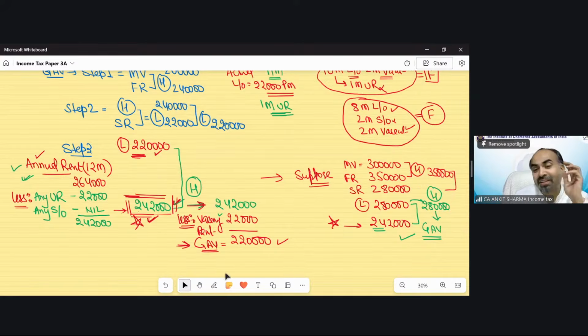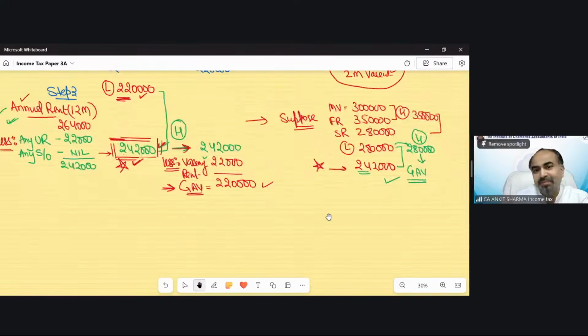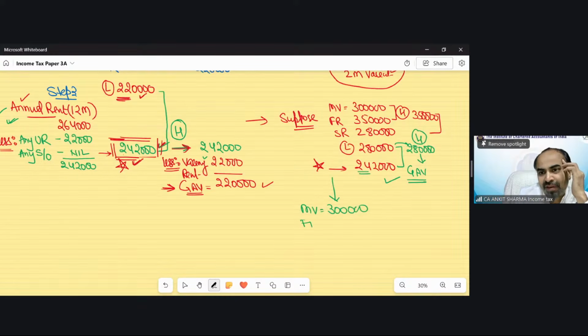Now there could be a very interesting situation. Suppose what happens if the government value, suppose in this example, I change it, suppose in these circumstances, municipal value was 3 lakh, fair rent was 350. Suppose standard rent is 2,42,000.